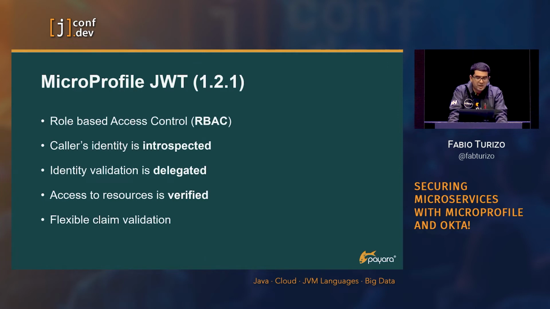So the main part of Microprofile that we're interested in is Microprofile JWT, which is a specification within Microprofile that states how applications need to be coded in order to interact with an OpenID solution, in this case Okta, which I will show you, and how to properly manage role-based access control.